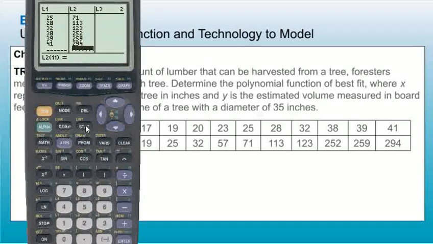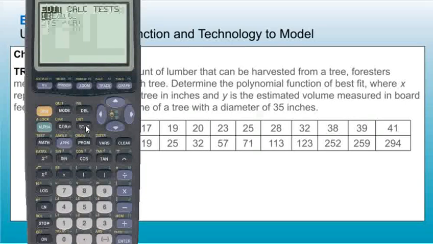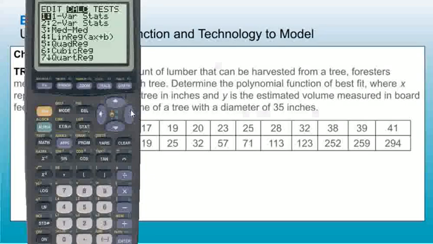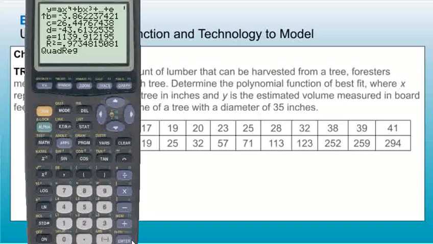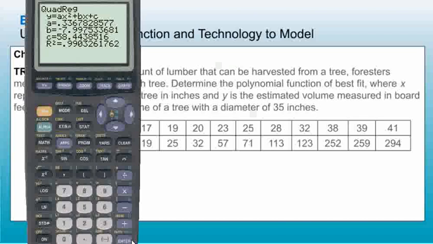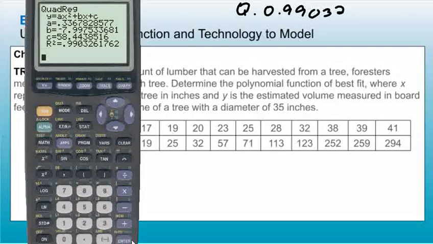Now if I want to calculate, so a stat calculate, I don't think it's going to be linear because it's not increasing at this constant rate. So let's see if it's quadratic. So if I hit quadratic, I would have 0.9903. So quadratic was 0.99032. So that's very close to 1.